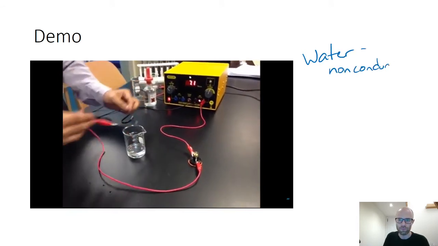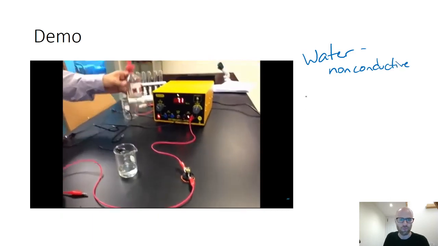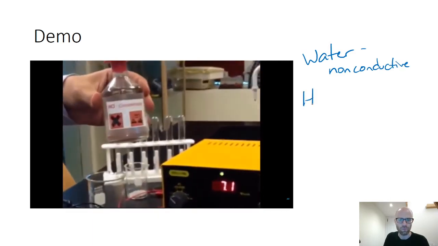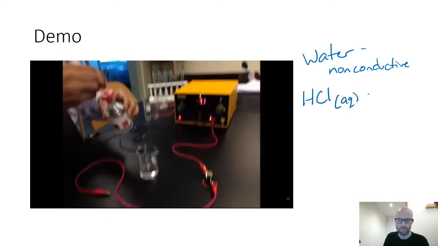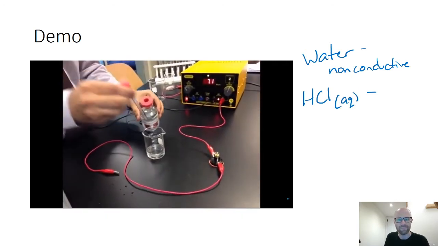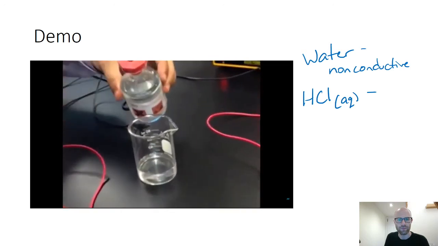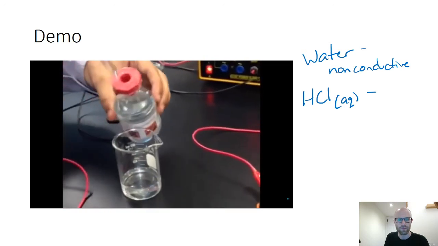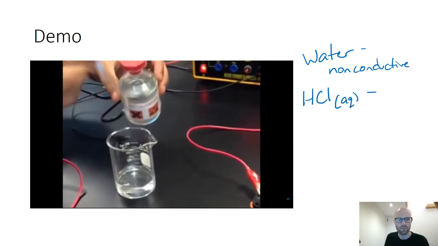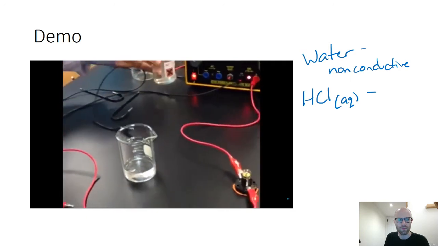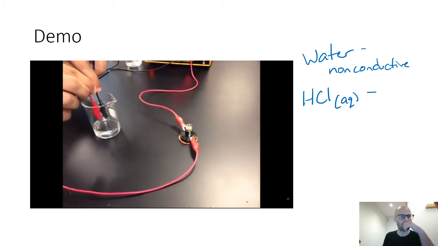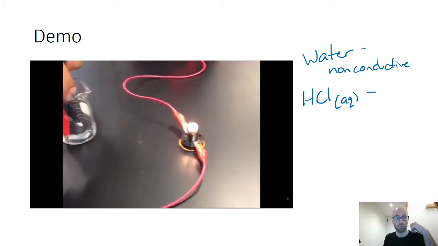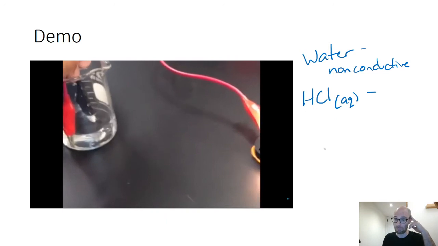Now I'm going to add some concentrated HCl, hydrochloric acid. And I'm going to check again if it conducts electricity or not. As you can see, the bulb is on.